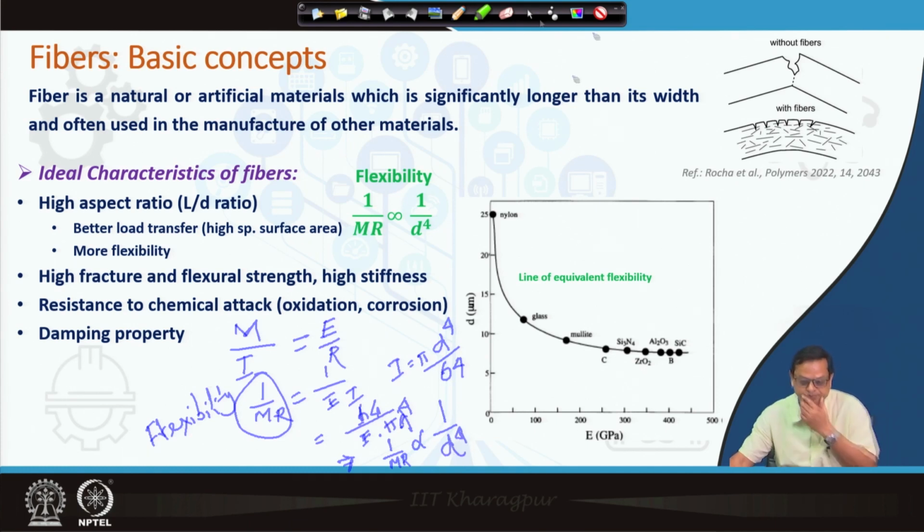So, the flexibility is proportional to 1 over d to the power 4, where d is the diameter, r is the radius of curvature, and M is the bending moment.